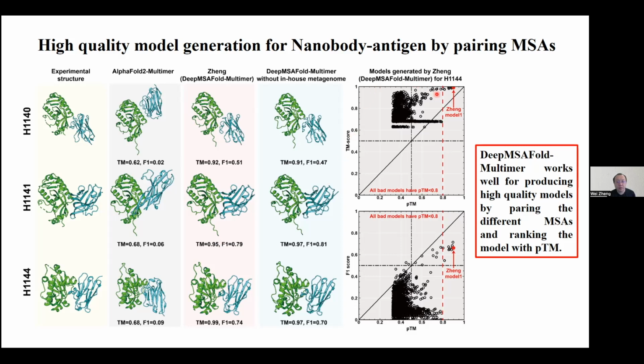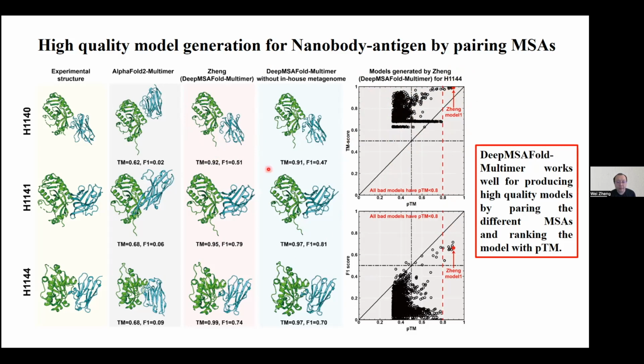Taking H1144 as an example, by checking all models created by DeepMSA fold during the CASP15 season, we found many of them actually had better quality than AlphaFold default models. Furthermore, if we check the PTM score, it has the ability to correctly pick up one of those high quality models as the first model for the Zheng human group.